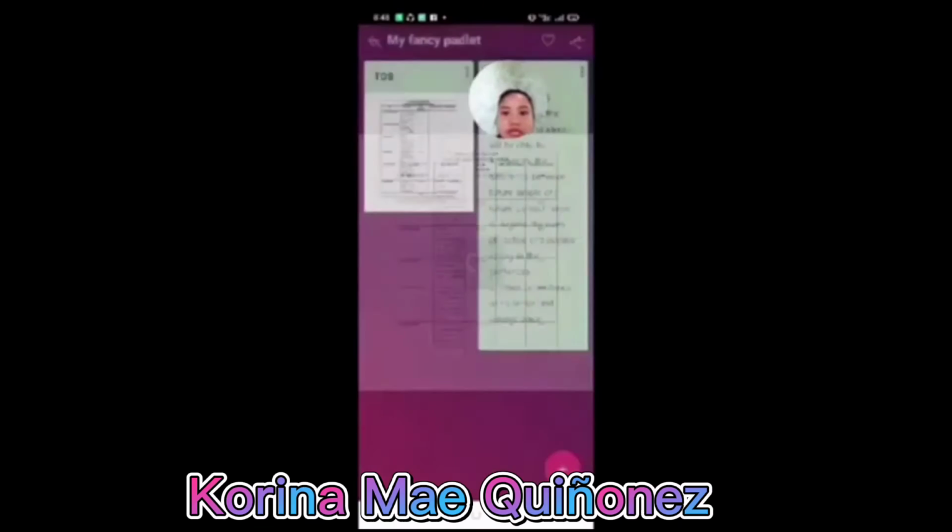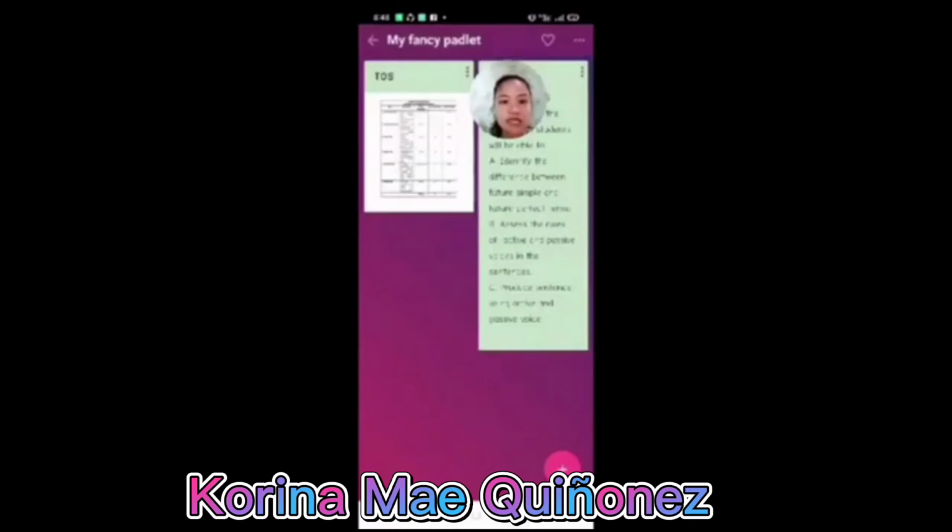So this hits our LO because our LO said that we should assess the rules of active and passive voice and produce sentences using active and passive voice, which is performed by the summative test. So they are both connected because they already hit the goal of the LO, which is to assess and to produce.